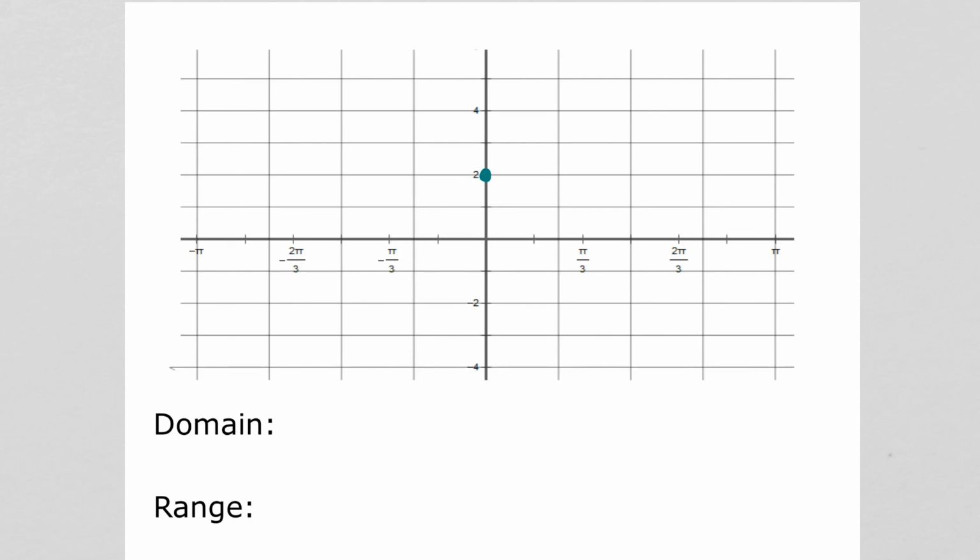And let's see, where's pi over 4? Well, here's pi, so this has got to be pi over 2, so that must be pi over 4. If it helps you, you can mark it on there. And so here must be 3 pi over 4. We're probably going to need that.